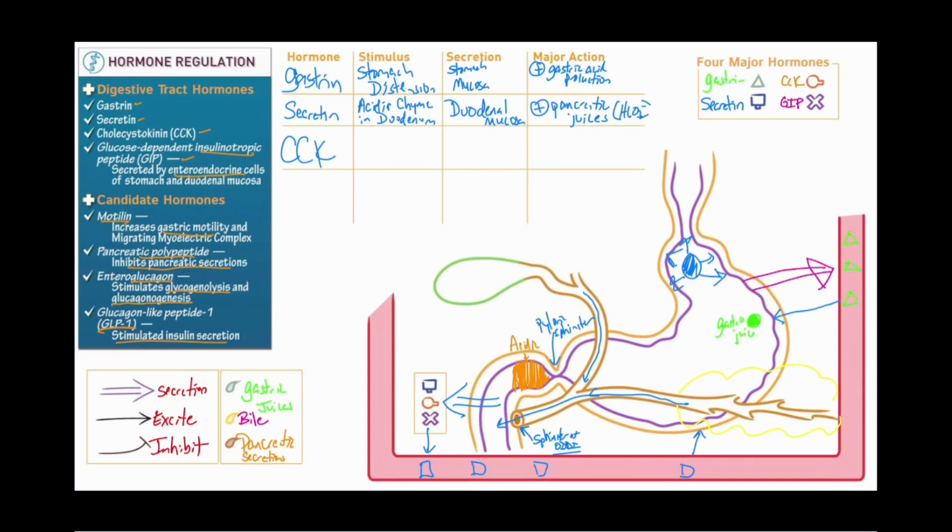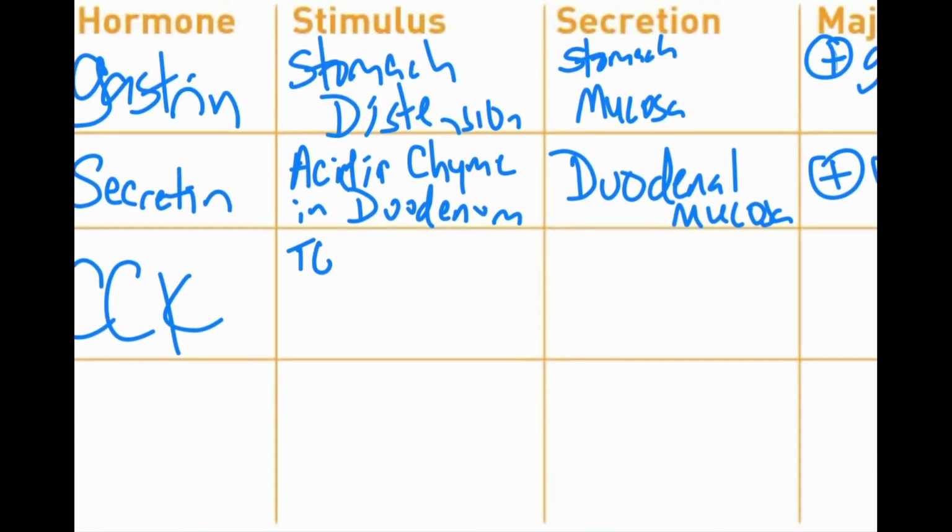So, stimulated by triglycerides, fatty acids, and amino acids in the duodenum. Fatty meal, cholecystokinin is going to come out to help contract the gallbladder and provide the bile to come out.